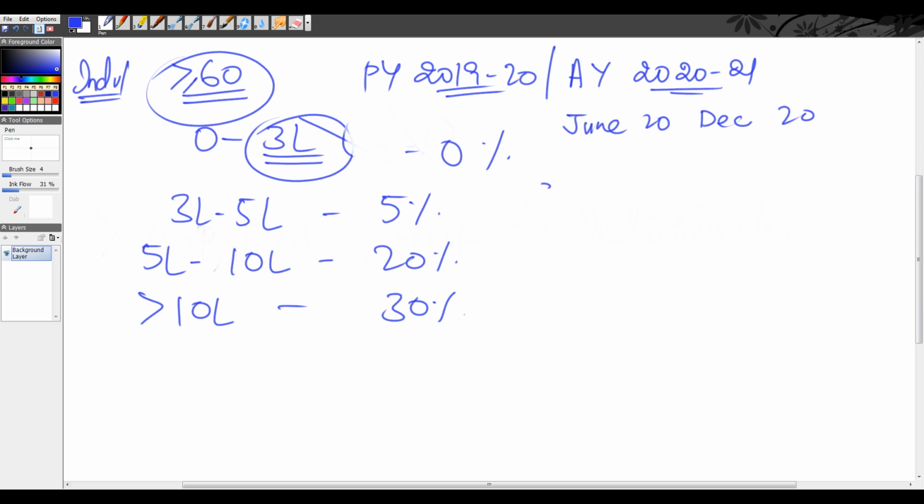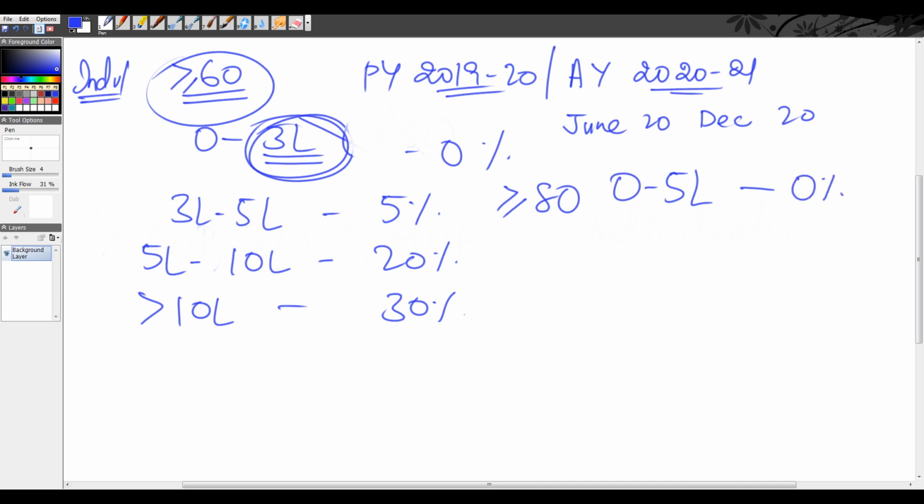Now what about those who have attained the age of 80? That means if you are aged 80 and above, in that case again this changes slightly. So instead of the basic exemption limit of 3 lakhs, now it will be 0 to 5 lakhs. That means if you are someone who is aged 80, individual of course, or above, in that case you need not pay any tax up to rupees 5 lakhs.